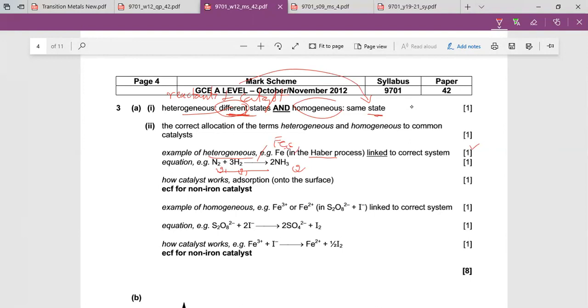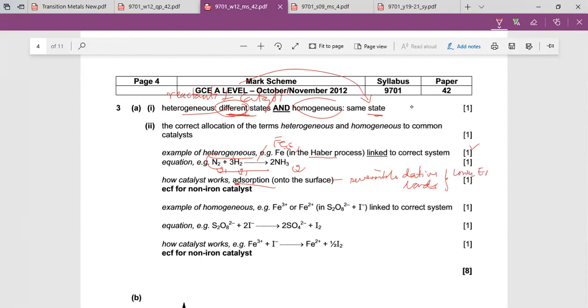How does this work? All they want is that the catalyst works by adsorption on the surface. That means the reagents get adsorbed onto the surface because they form reversible dative bonds, which forms a lower Ea.